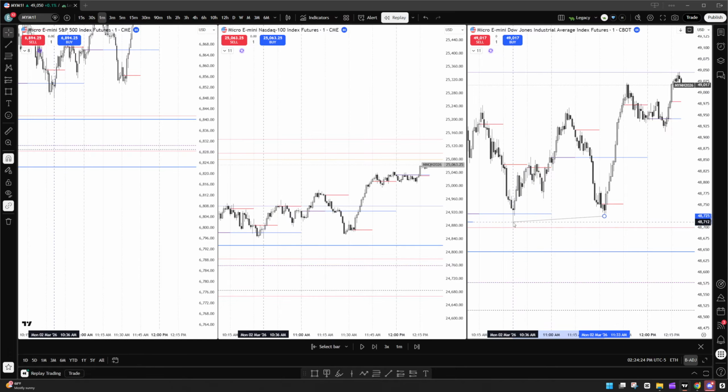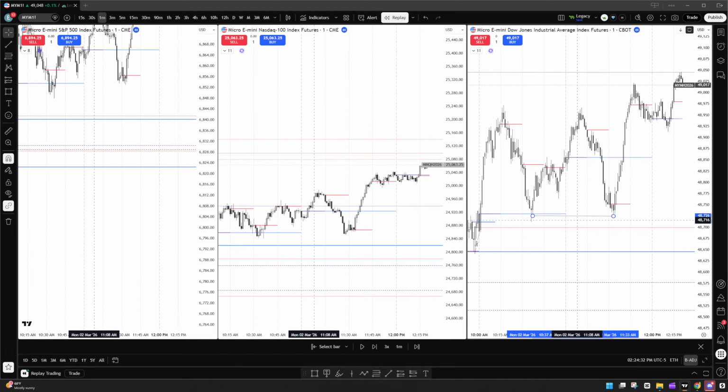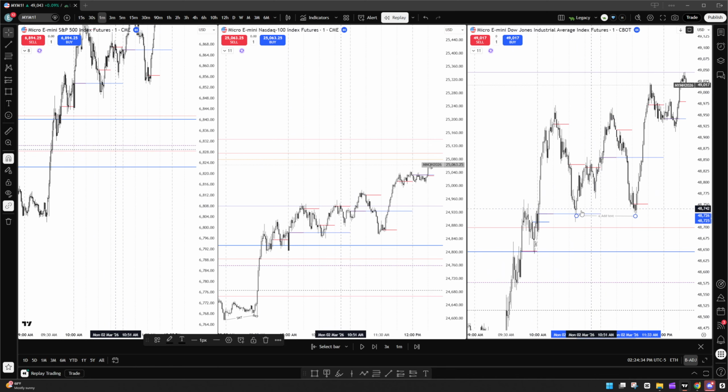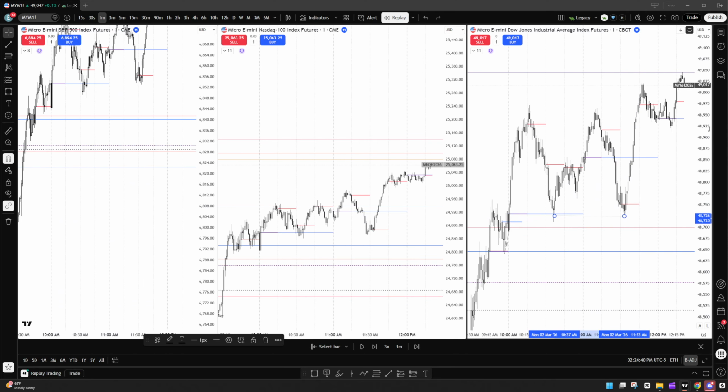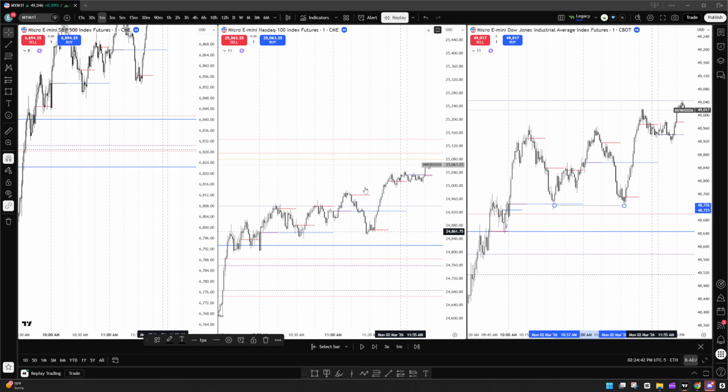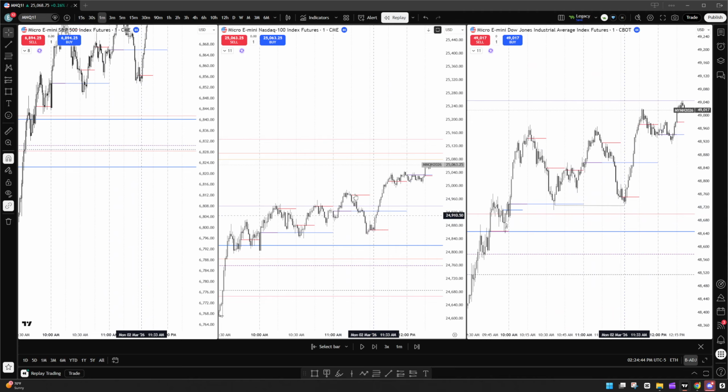Wait. No, that low got taken. It was here. Where was the SMT I saw? Maybe there wasn't. That was a fat consolidation range though. It was a 150 point move down.